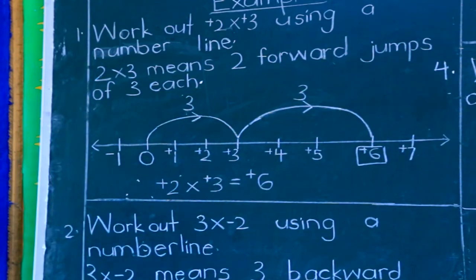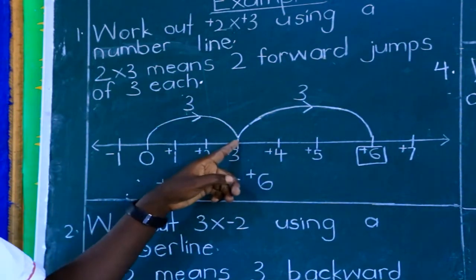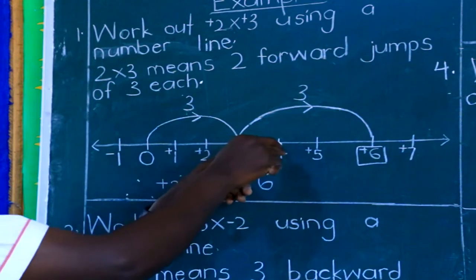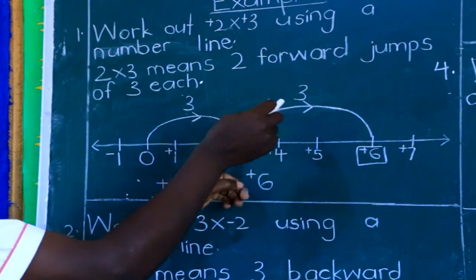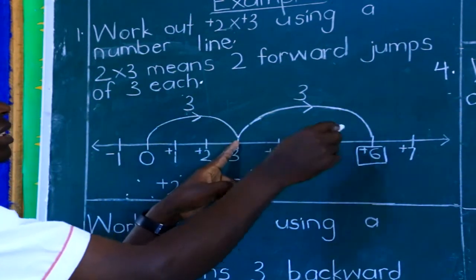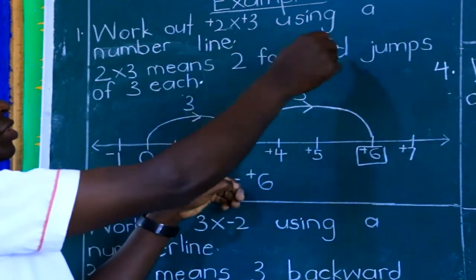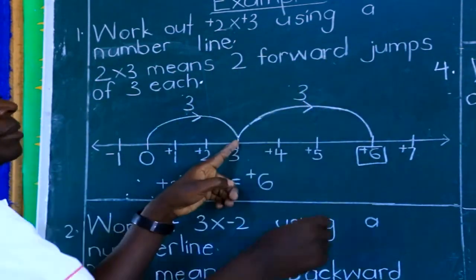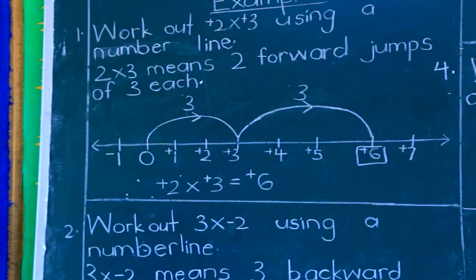So I'm remaining with only 1 jump, because there are going to be 2 jumps. The next jump of 3 is counted from here, say 1, 2, 3, and jump from positive 3 to positive 6, and name it 3.